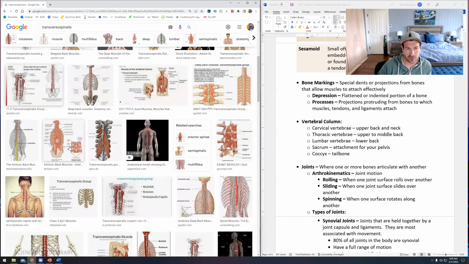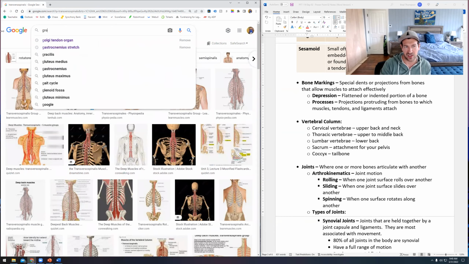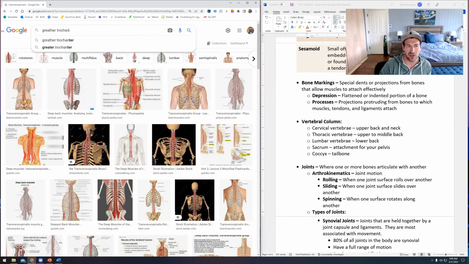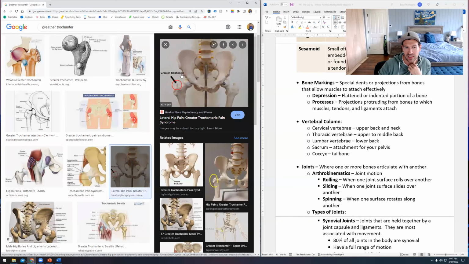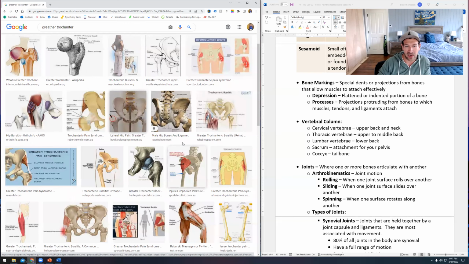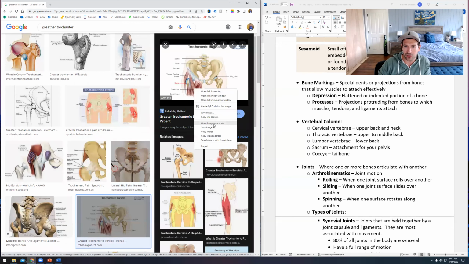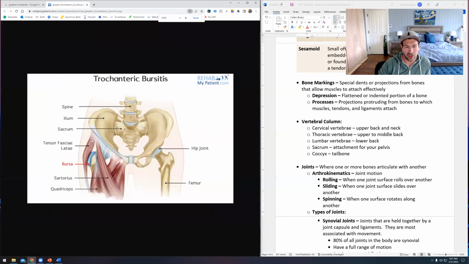One of my favorite processes is the greater trochanter of your femur. It's that knob we were looking at earlier. It's that big projection there. That's called your trochanter. And you can feel it. If you bang on the side of your hip, you'll feel that big hard bone there. That's your greater trochanter. And all your glute muscles get a really good grip right there. We're actually missing a lot of muscles here.